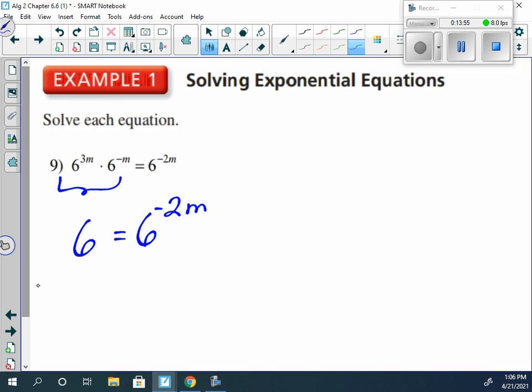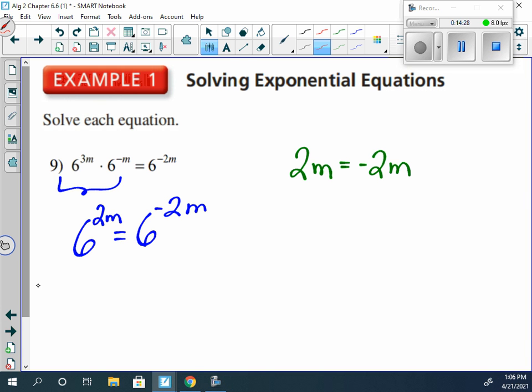So what's 3m plus negative m? 2m. Because 3m plus negative m, or 3m minus m, would be 2m. At this point, we do have the bases being the same thing. So we can say 2m is equal to negative 2m.